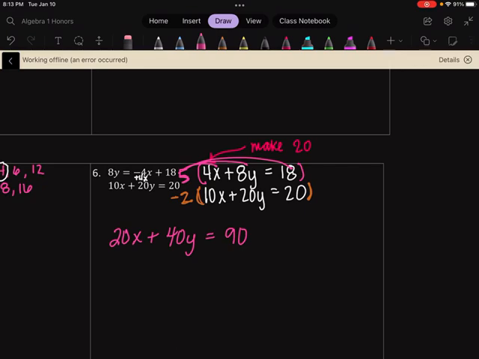And then I have this negative 2, to be distributed. That's going to be negative 20x minus 40y is equal to negative 40. Positive 40. Positive 40.